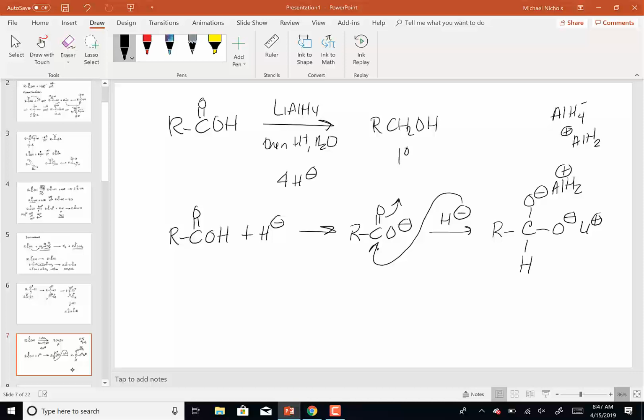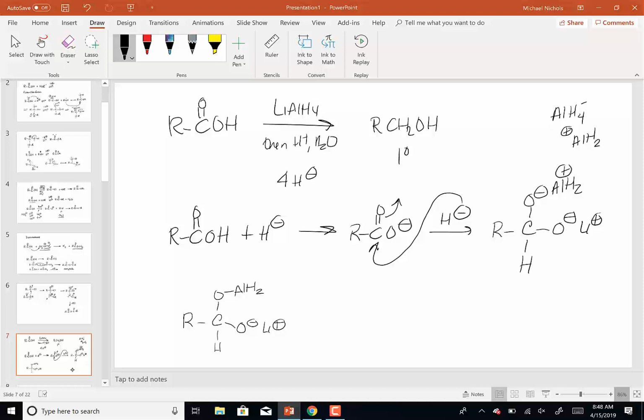As a matter of fact, that oxygen aluminum bond isn't just a minus plus one. It's a bond. And now I've got my H down here. So what can happen here?